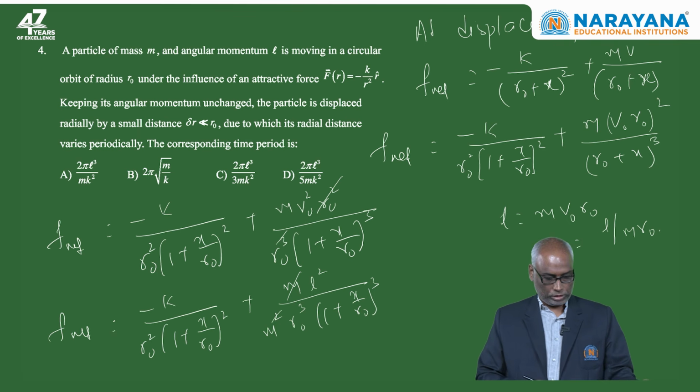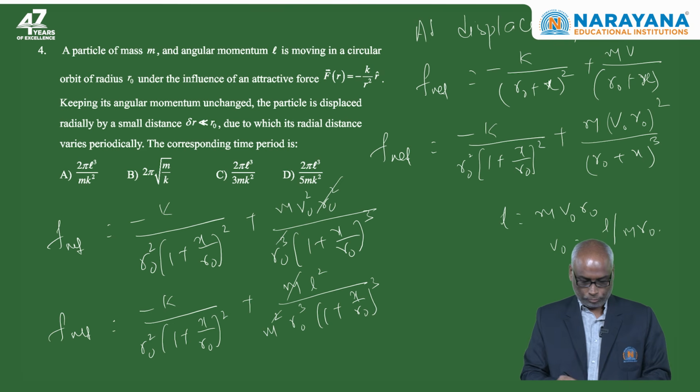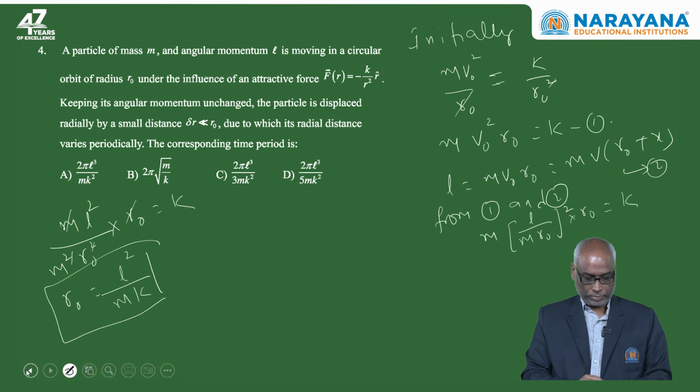Now, let us simplify this equation by substituting the value of R naught. Already in the earlier expression we got R naught is equal to L square divided by mk.